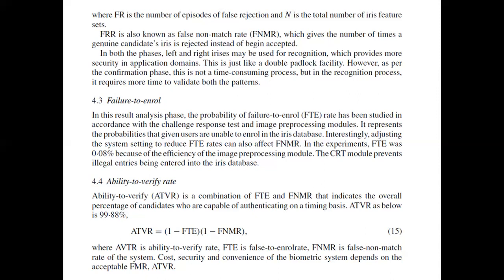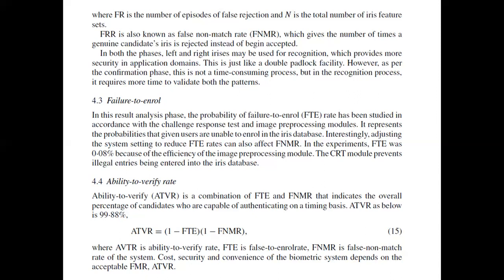Failure to enroll. Sometimes, due to some reason, the system won't accept the iris patterns, the iris images. This is the result phase. The probability of failure to enroll rate has been studied in accordance with the challenge response test and image processing modules.